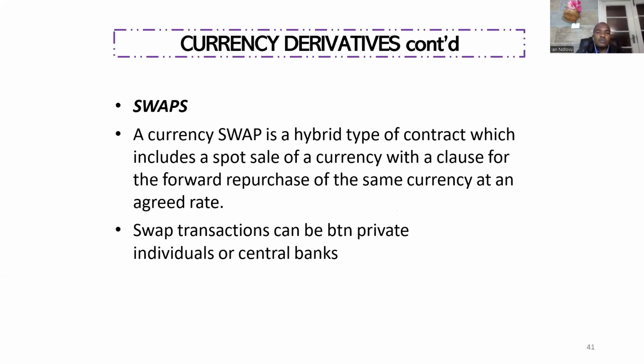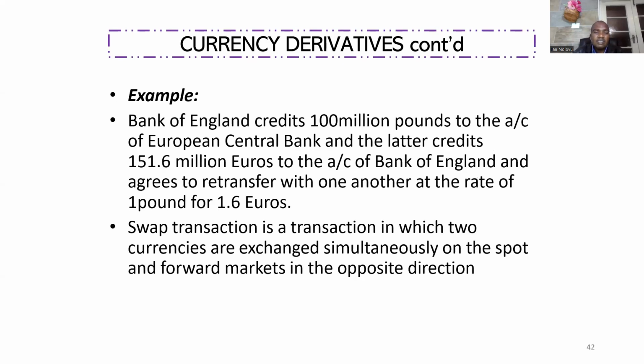And then a currency swap is a hybrid type of contract, which includes a spot sale of a currency with a clause for the forward repurchase of the same currency at an agreed rate. So swap transactions can be between private individuals or central banks of different countries.